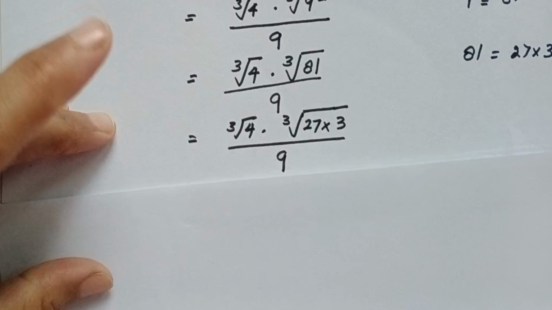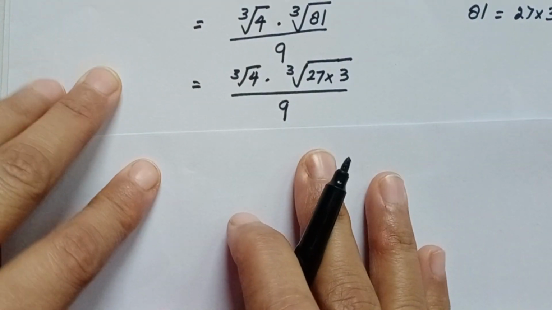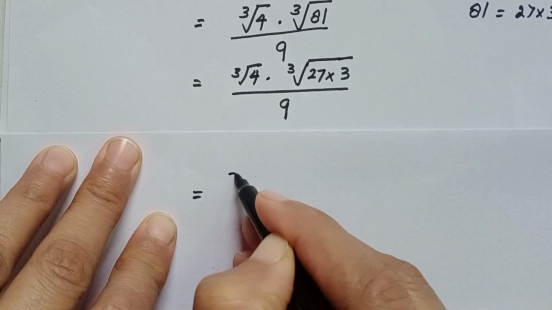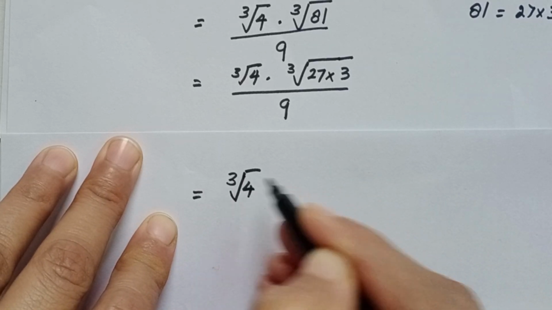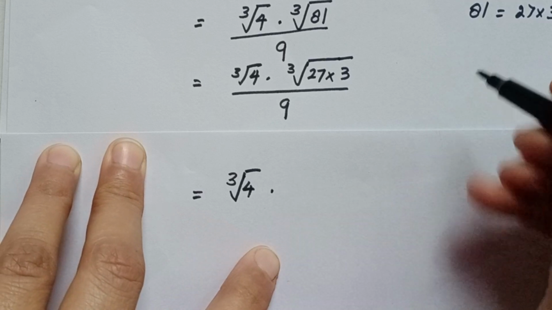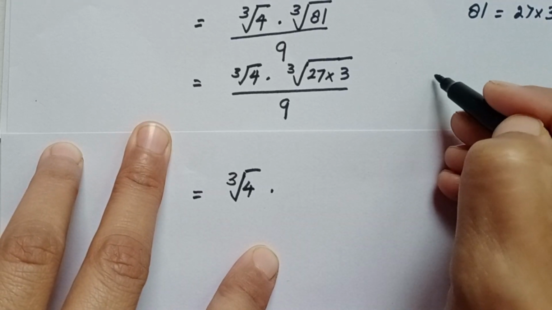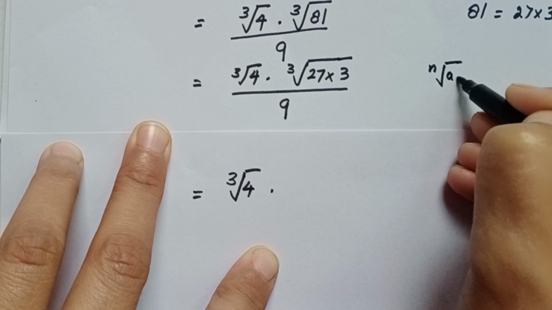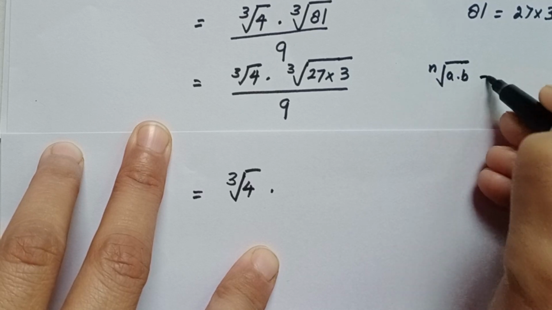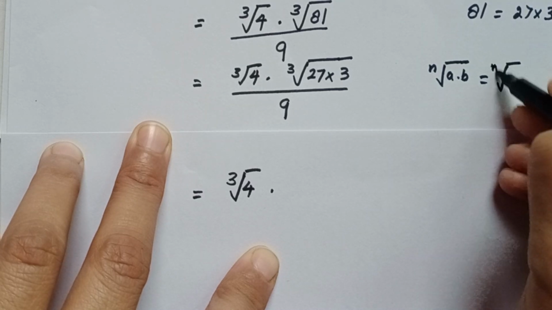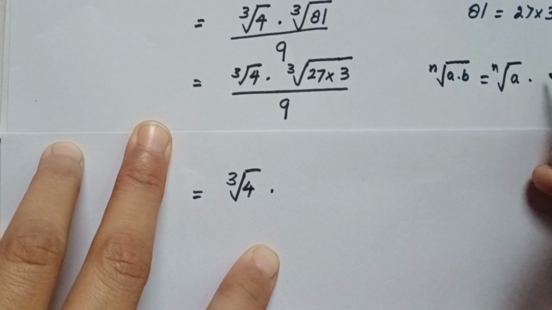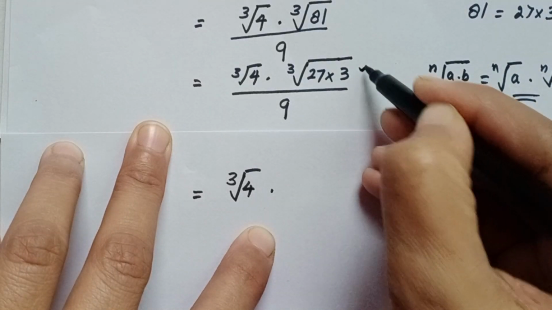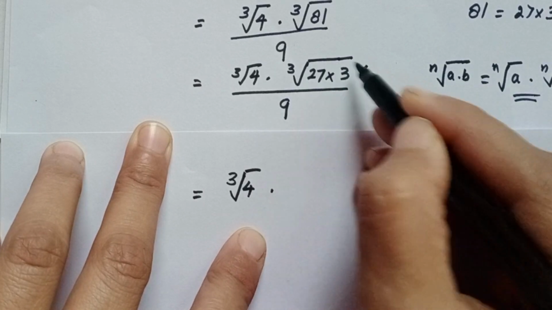So from here we can write the third root of 4 into, we use this rule here, that if the nth root of a into b is given, we can separate them into the nth root of a and the nth root of b. So we will use this in this part of the expression.